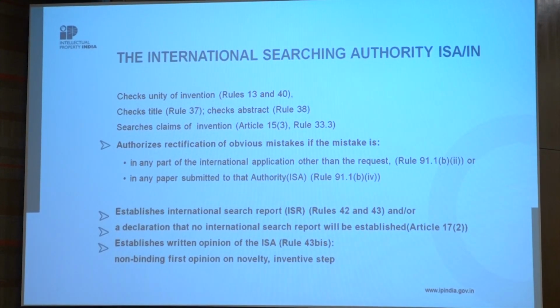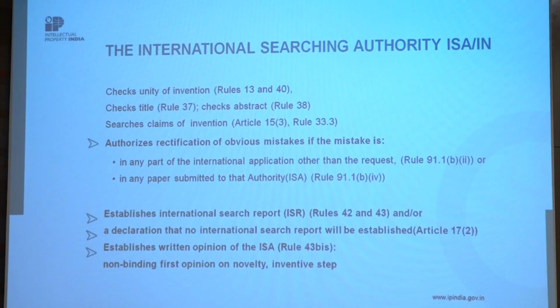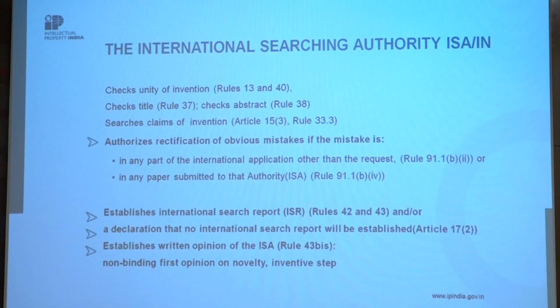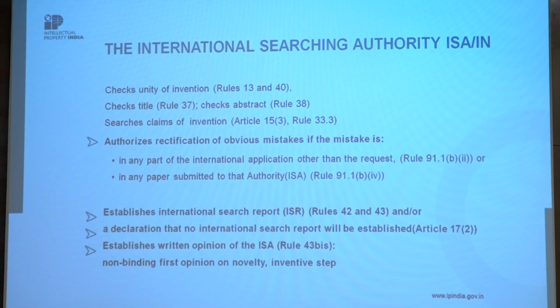International Searching Authority, ISA. What it does actually, once the application has come into the ISA, is focus particularly on the claim part of the specification, not the formality part. The claim part contains the claims, starting from the title, and the invention. What does it mean?